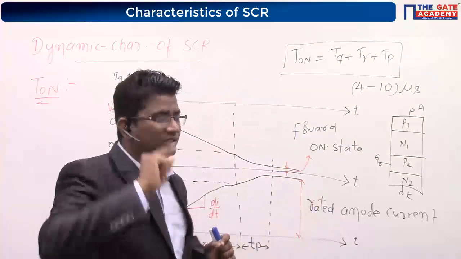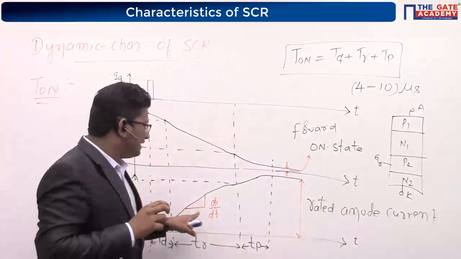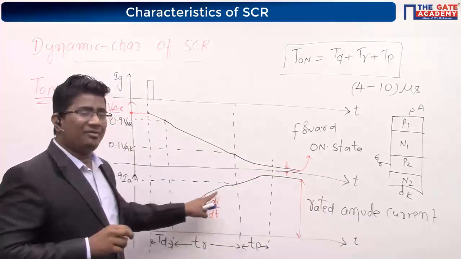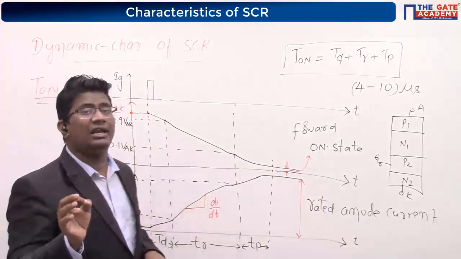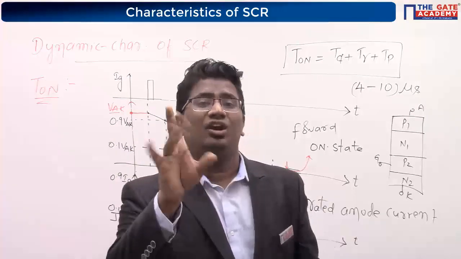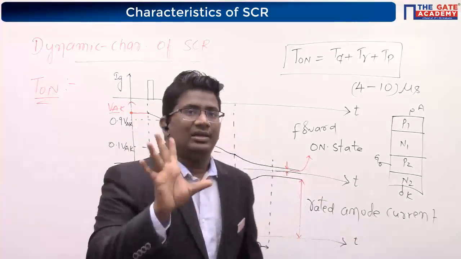And one more thing, concentrate here. This di by dt means, can I say it is the changing of anode current, and is it due to the external load or not? Tell me one thing.